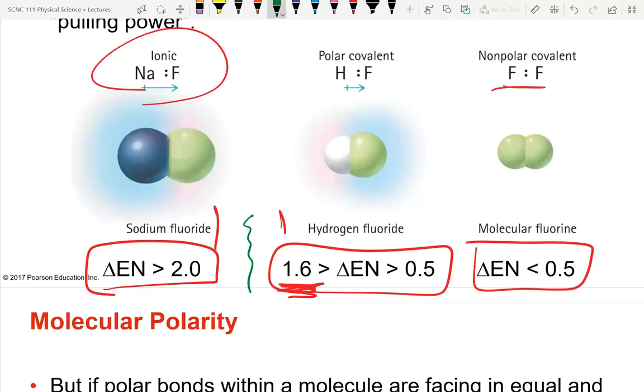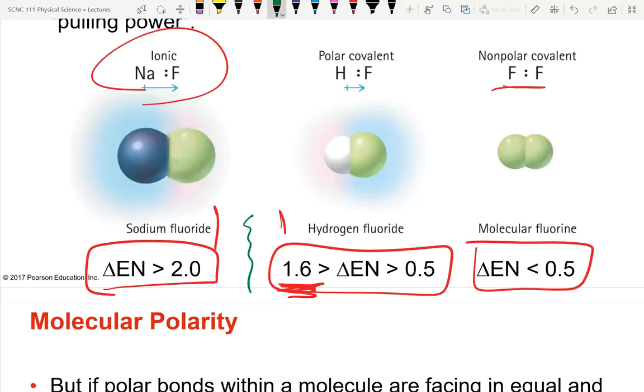So which one is going to have the negative charge and which one is going to have the positive charge in the hydrogen fluoride? Which one wants the electron more, hydrogen or fluorine? Fluorine, because it is the most electronegative of all the atoms. It's the one that wants it the most.